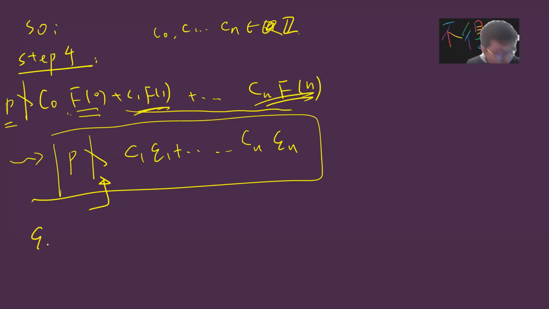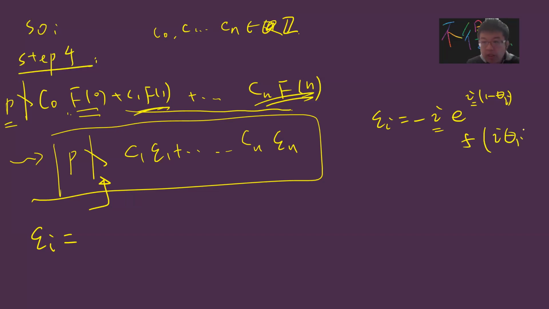So let's consider this epsilon i, right? So epsilon i, remember, is minus i exponential i1 minus theta 1. By the way, this i is some integer. It's not imaginary, pure notation. I f of i theta i, right? So this is our theta i.